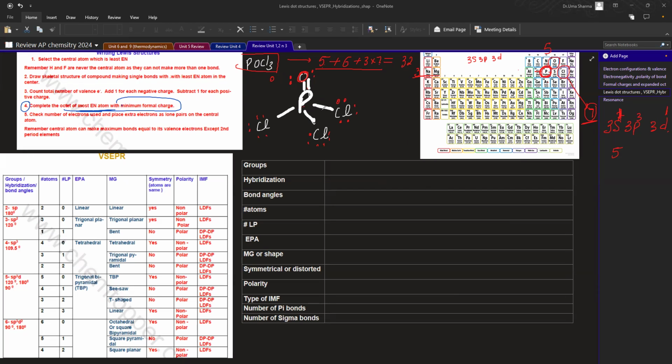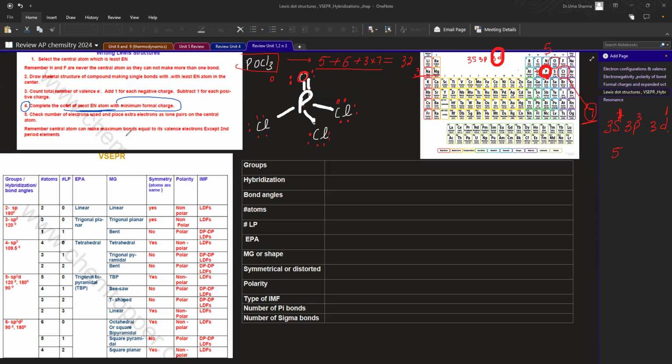But I can make 5 bonds only when it can have expanded octet. And when I looked at the periodic table, I can see P can have expanded octet due to the presence of empty d orbitals. Is it clear why P has expanded octet here, Isabella? If you don't make it, your structure will be wrong, because then you cannot satisfy your oxygen at all.